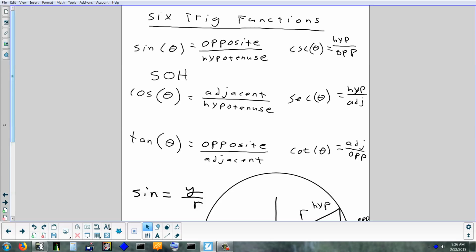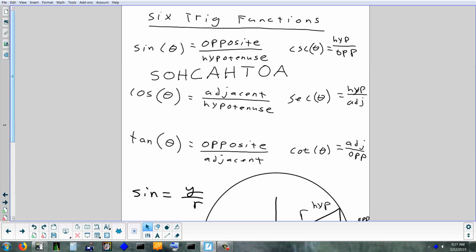So sine is opposite over hypotenuse. Cosine is adjacent over hypotenuse. And tangent is opposite over adjacent. Sokotoa. So it's a way to kind of remember the first three. If you weren't sure, that's okay.